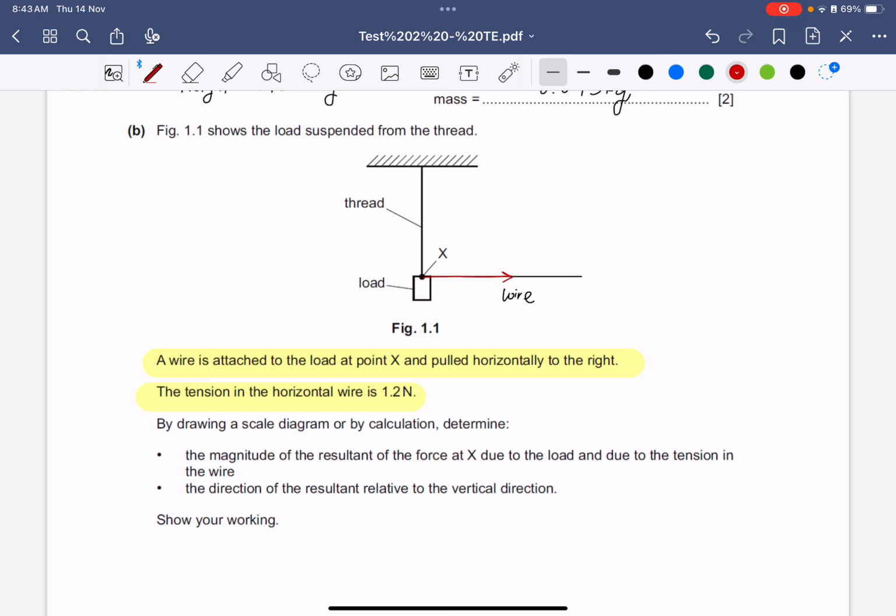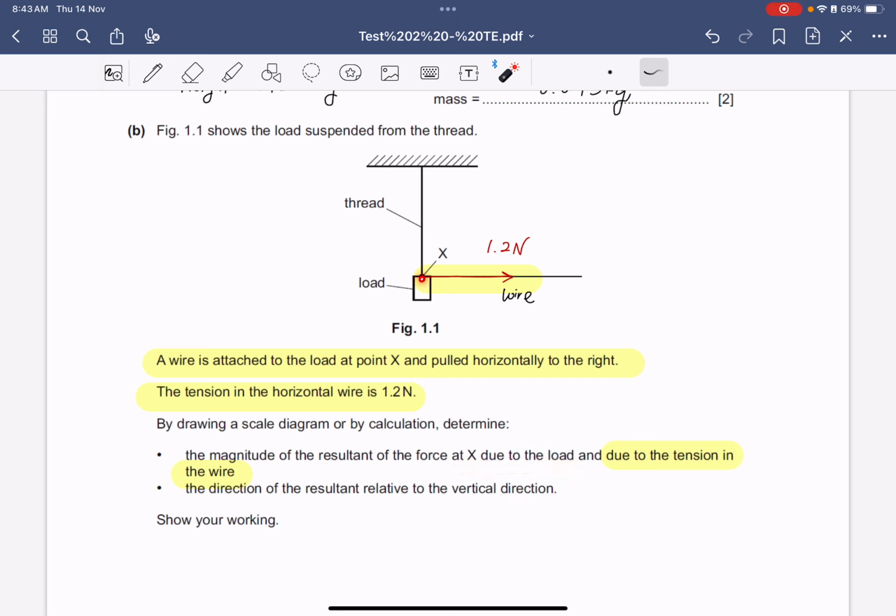Now, by drawing a scaled diagram or by calculation, determine the magnitude of the resultant of the force at X. So I'm finding the resultant force of two forces. One is due to the load. Second, due to the tension in the wire. The tension in the wire is already here, the 1.2 Newton. Then how about the force at X due to the load?